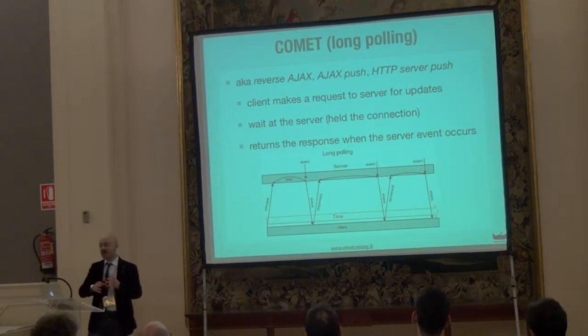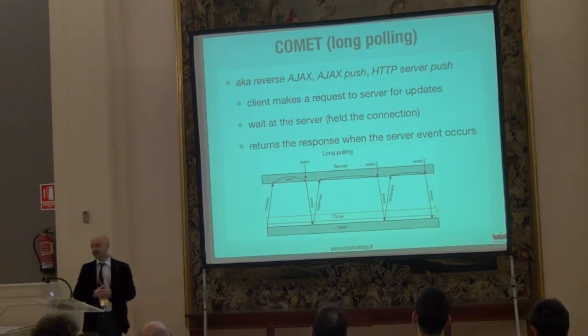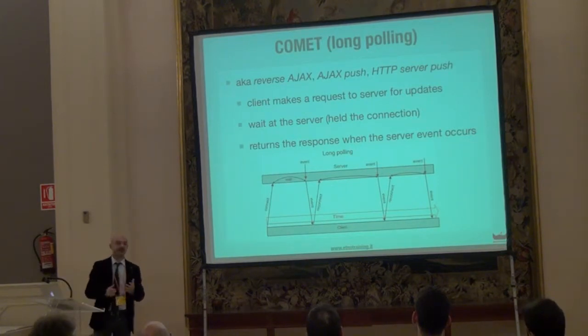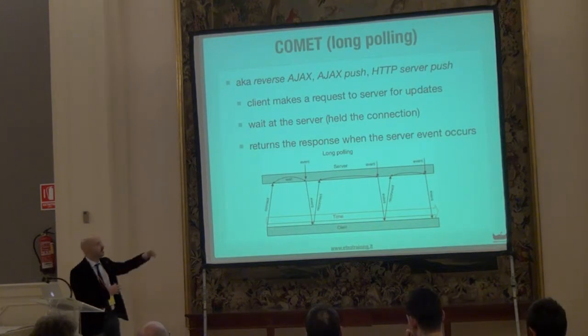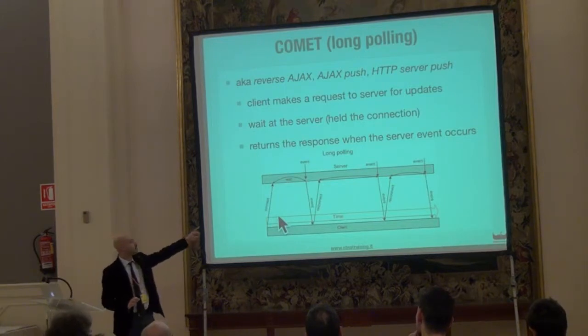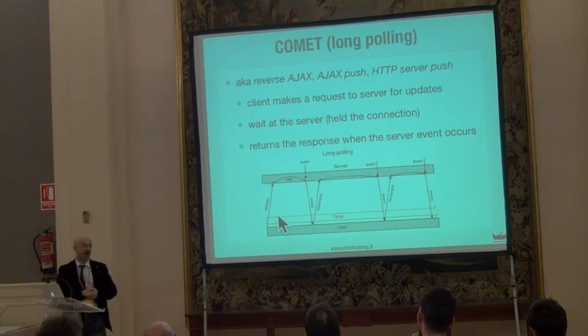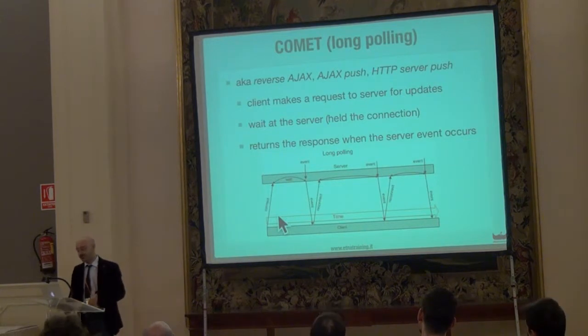COMET is actually a term that is used to encompass different technologies. It's also called reverse AJAX or AJAX push, HTTP streaming, and things like that. The mechanism works differently because the connection is started from the client and the connection is held on the server side until the event happens on the server side and the server can answer.